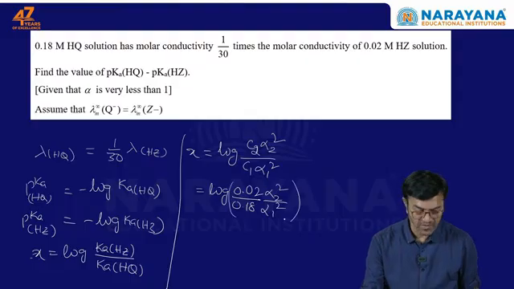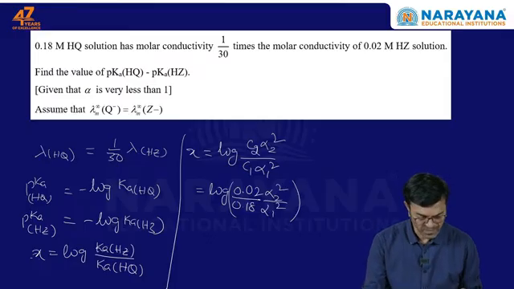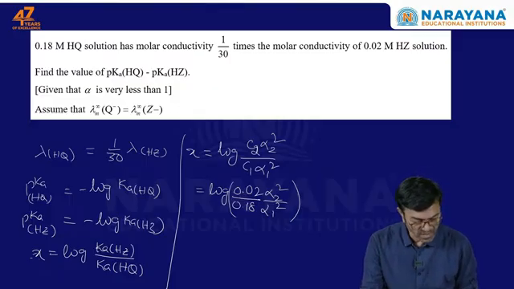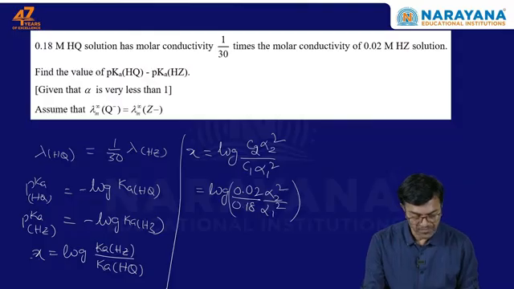So if we know the alpha 2 by alpha 1 value, then we will get the answer. As alpha is less than 1, in the denominator I am approximately taking 1 minus alpha as 1, so that is not included in this formula here. That is understandable.